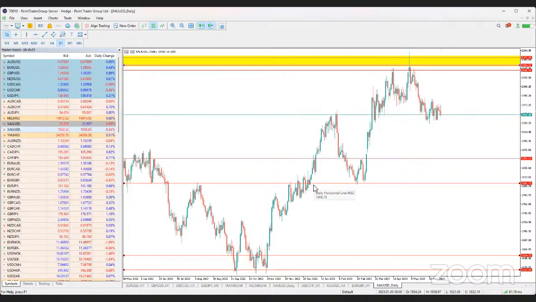We have also trend lines. Trend lines are lines that would give us stations where we can enter the market. Just like this.